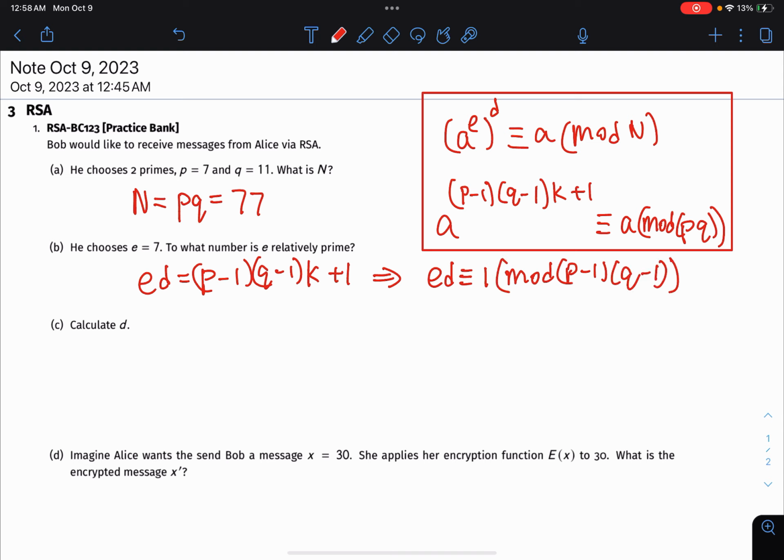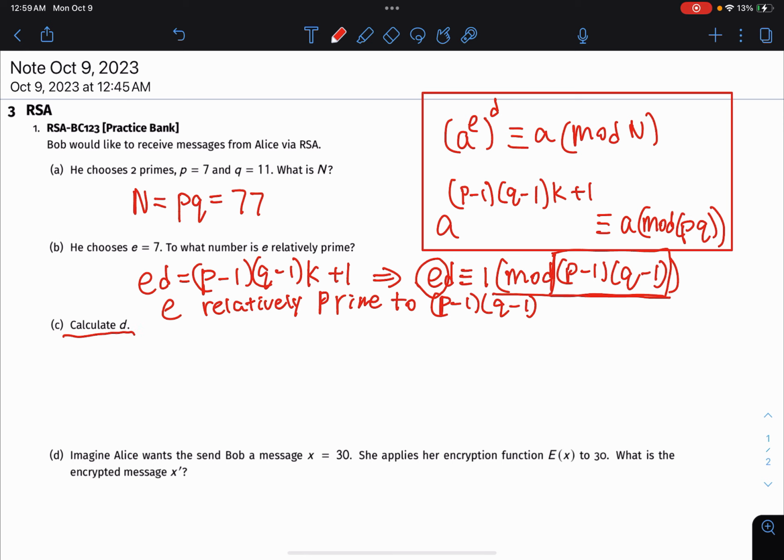And we know that there is an inverse for E if and only if E is relatively prime to the modulus, P minus 1 Q minus 1. So E has to be relatively prime to P minus 1 Q minus 1.